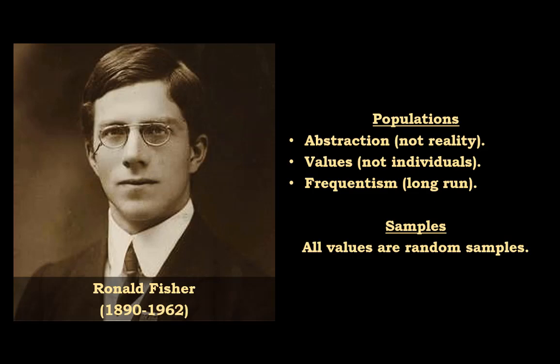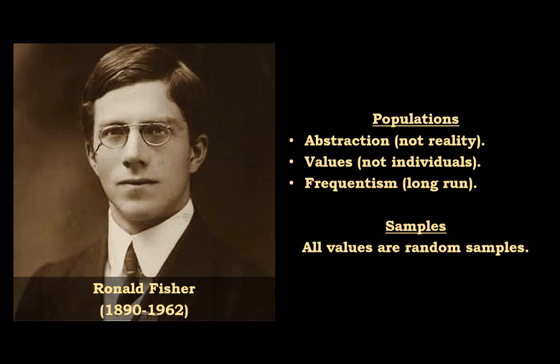So for Fisher, if we measure height or IQ of 10,000 people, the population that we are interested in is not the 10,000 individuals. The population that we're interested in are the 10,000 values. So the populations that Fisher is talking about are populations of numbers.